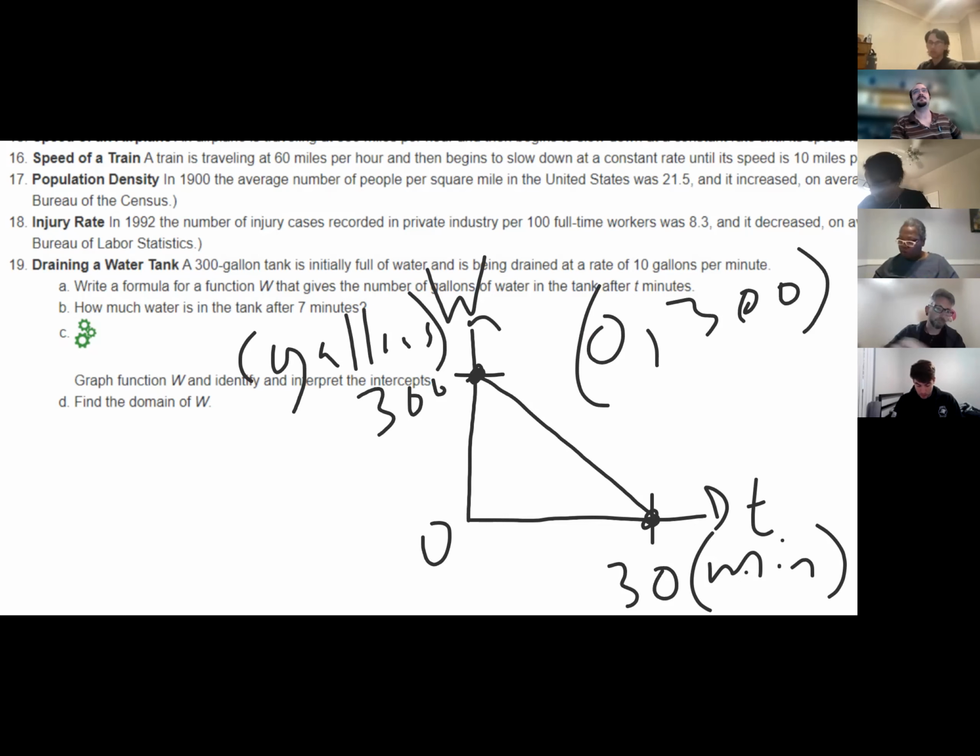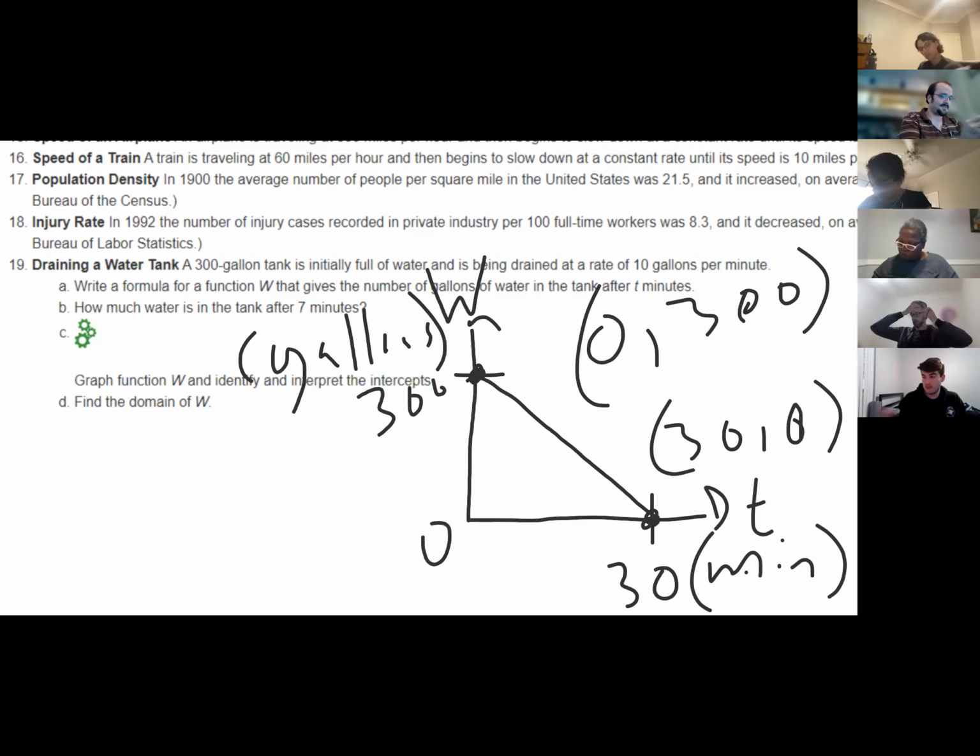So when the time is 0, my initial starting point, this tank starts at 300 gallons. The other thing I have here is (30, 0), my x-intercept. It tells me that at a time of 30 minutes, that is a 0, not a 6, I have 0 gallons left in my tank.